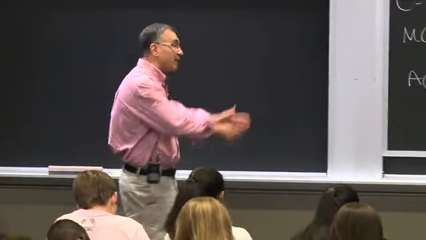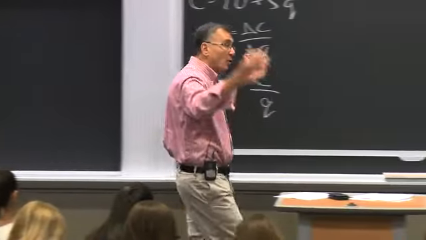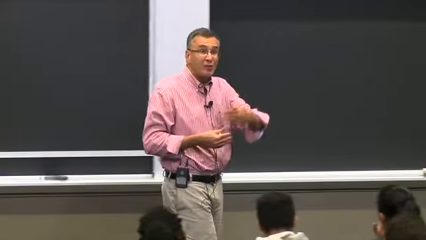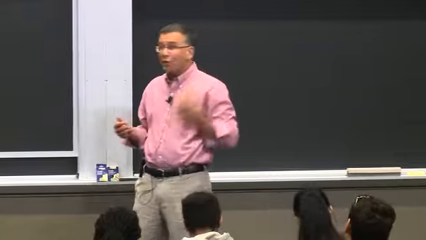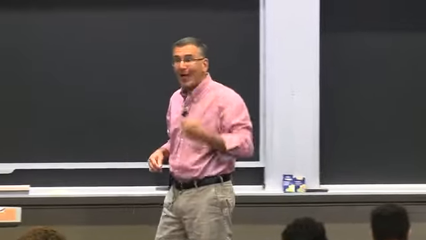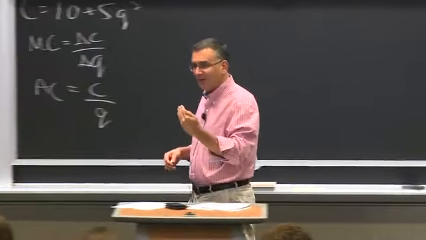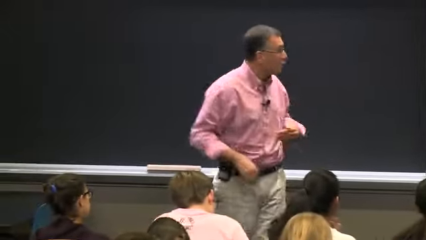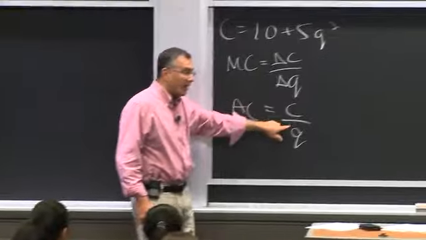The average is simply over the entire range of production: what is the average cost of producing each unit? The marginal is: what's the cost of producing the next unit? And since production functions are nonlinear, those will not be the same, generally. Average will not equal marginal in general, because with a nonlinear function, delta C delta Q is not the same as C over Q.